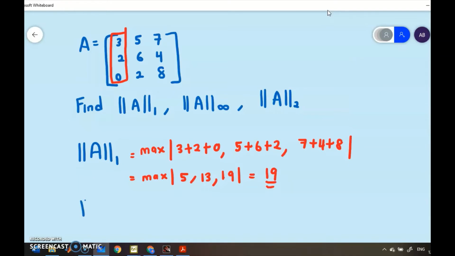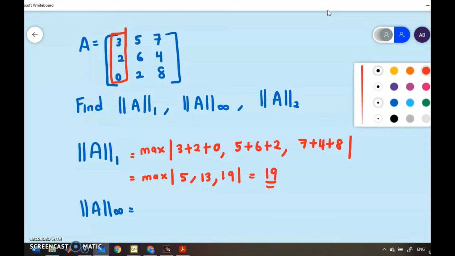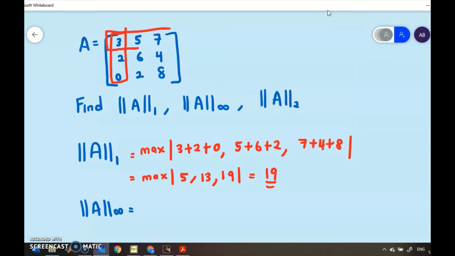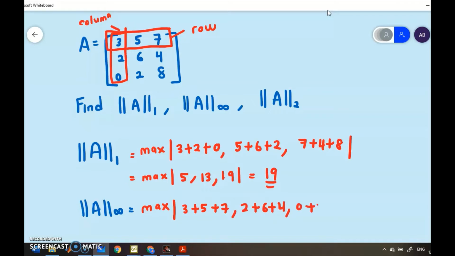Now to find the infinity norm of A, it's the same thing, but we look at the maximum of the rows. This is your row, this is your column. The row sums are 3 plus 5 plus 7, 2 plus 6 plus 4, and 0 plus 2 plus 8.